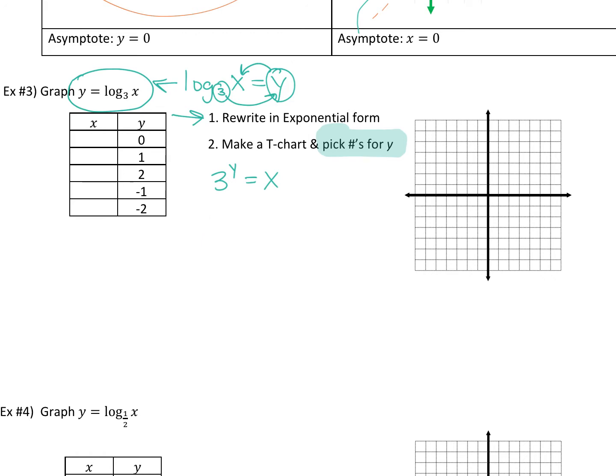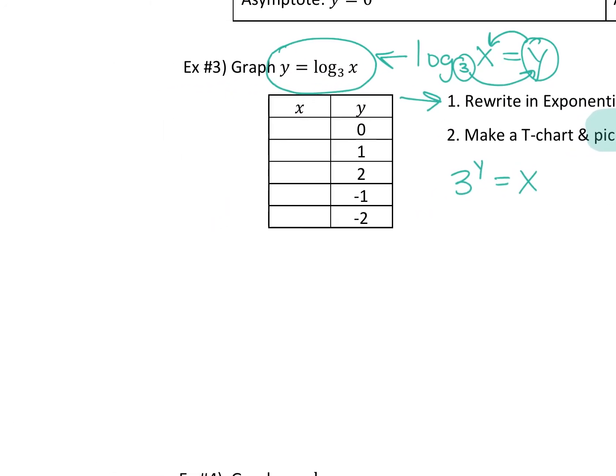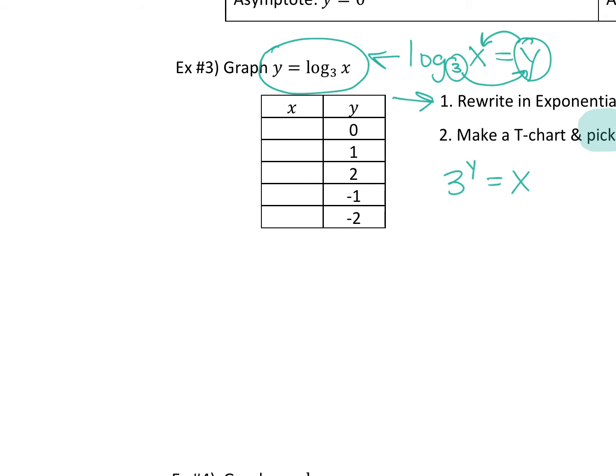So I'm just going to do it up here off to the side. We're going to say 3 to the 0 power equals my x value. What is 3 to the 0? 1. So my x is going to be 1. Then 3 to the first power, and we get 3. Then 3 to the second power, and we get 9.